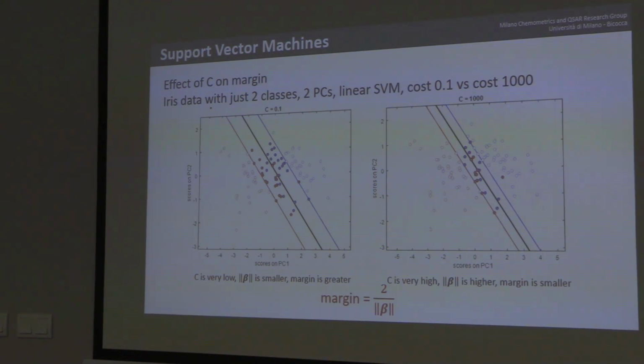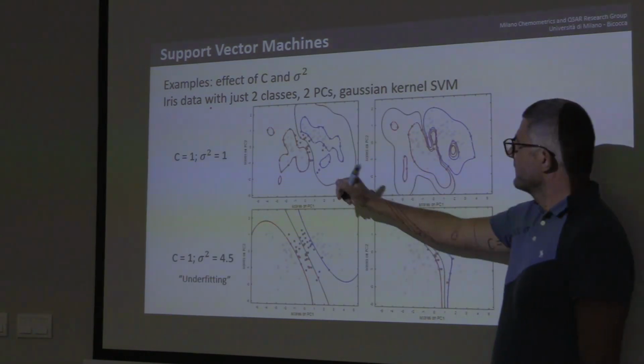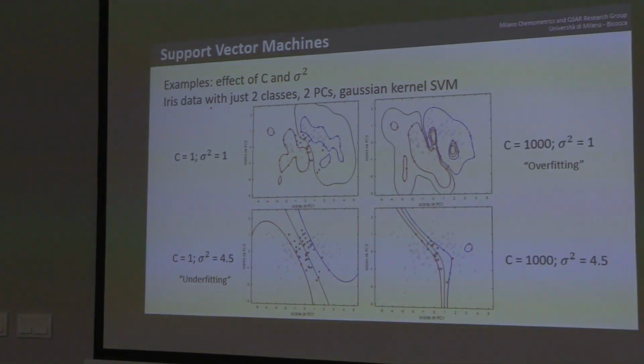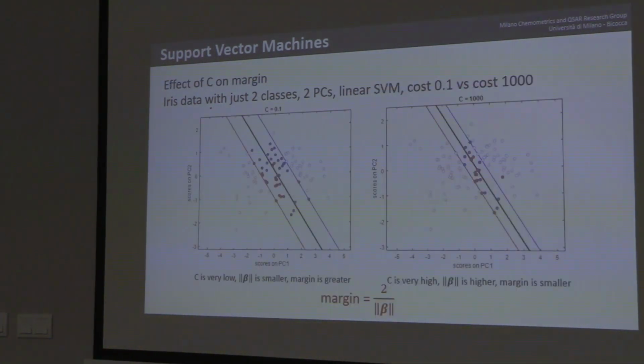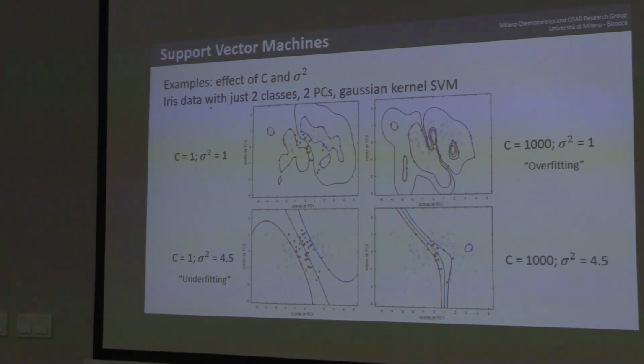While this gets more complicated now, this is what happens when you use, I guess, the same data set as before. But now I'm trying to use a nonlinear support vector machine. So I'm using a kernel.